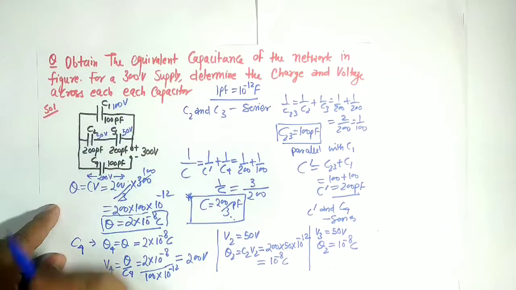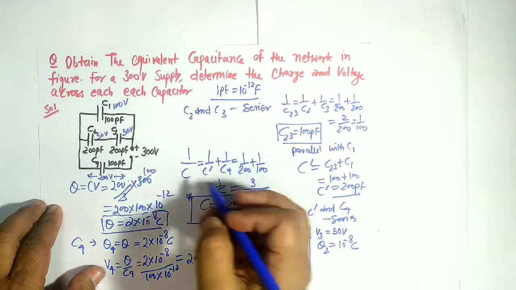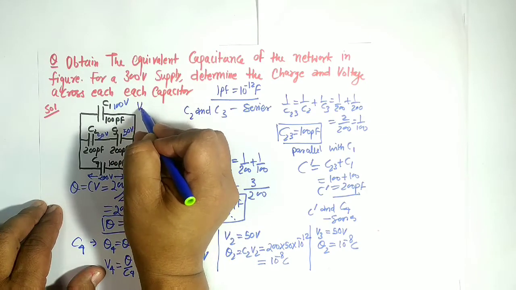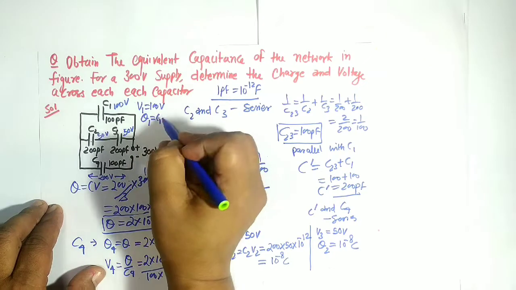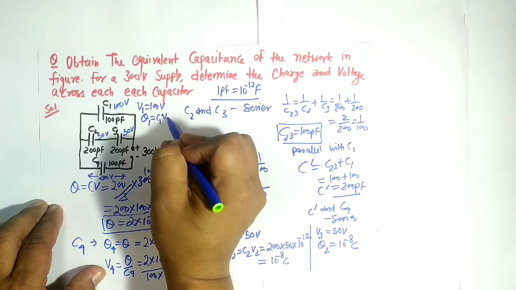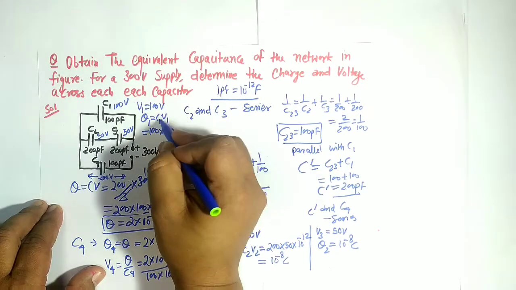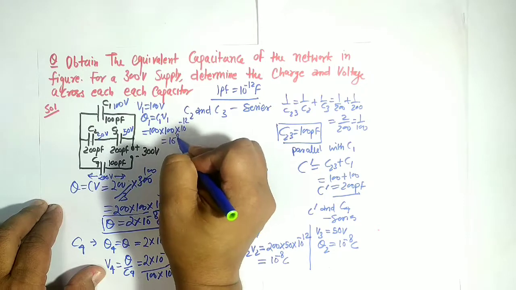And then C1. For C1, what is the voltage? Voltage is 100 volt. What is Q1? C1 into V1. So 100 into 100 picofarad and 10 to the power minus 12. So directly 10 to the power minus 8 coulomb.